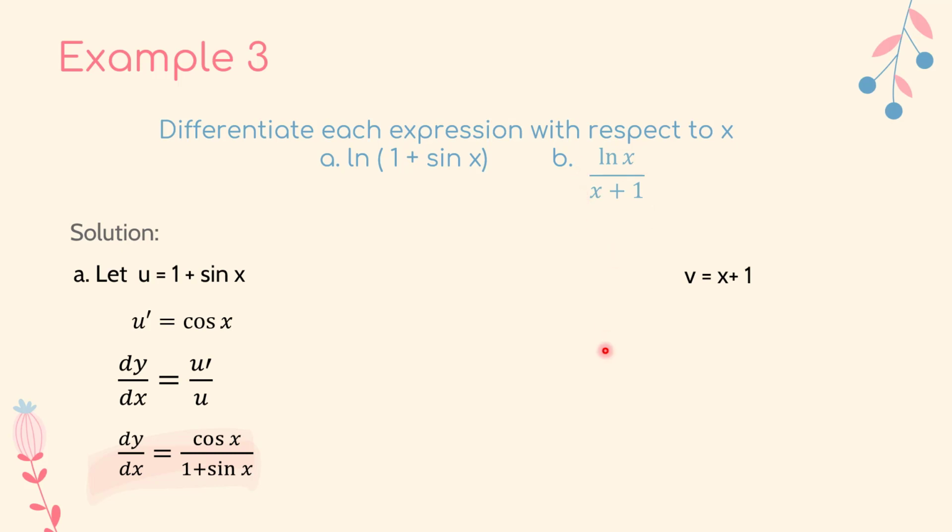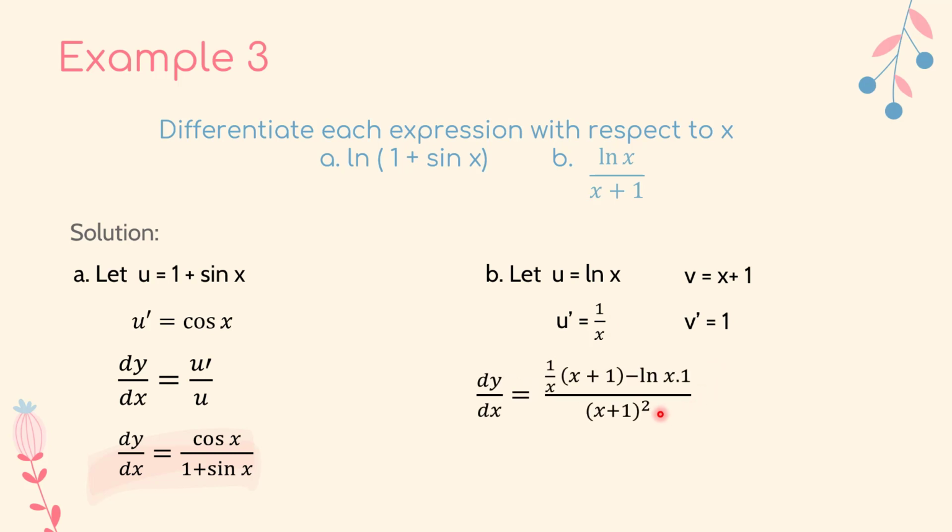Now let's try part B. Let u be ln x and v be x plus 1. Here we will use the quotient rule, so that u prime is 1 over x and v prime is 1. Using (u prime v minus u v prime) over v squared, we have 1 over x multiplied by x plus 1, subtracted by v prime, which is 1, multiplied by ln x.